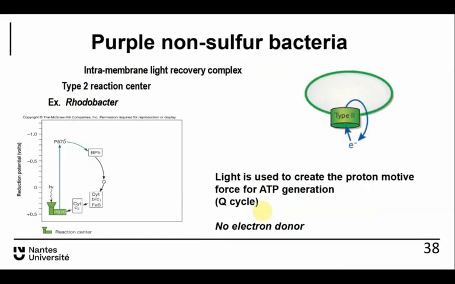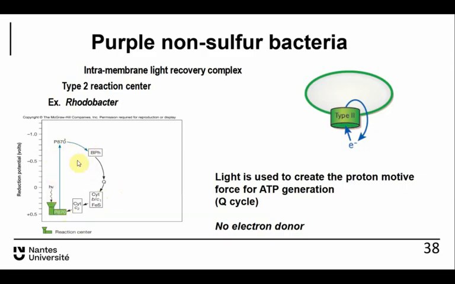Now, what about if you've just got photosystem 2 on its own? This is the case with purple non-sulfur bacteria. In purple non-sulfur bacteria like Rhodobacter, the electron in the reaction center gets activated, and then it gets transferred onto quinone, and then onto cytochromes, and then it goes back down to the reaction center.